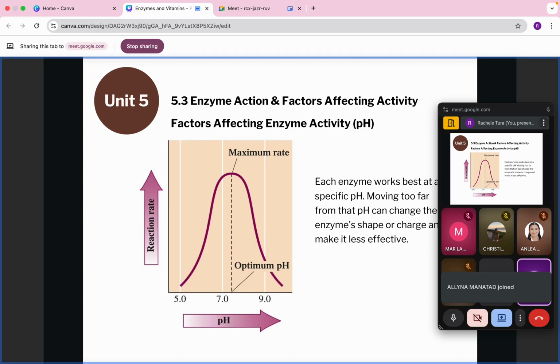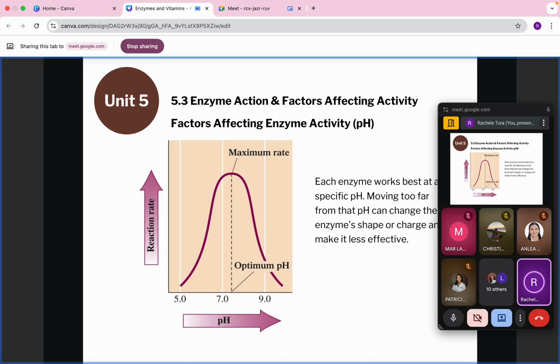And for those pH and acidic environments, there is a slightly acidic environment for them. If you move too far away from the optimum pH, either too acidic or too basic, the enzyme's shape gets messed up, its active site included.